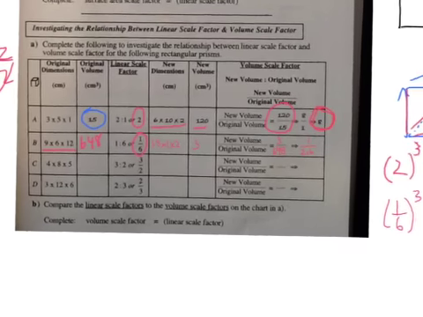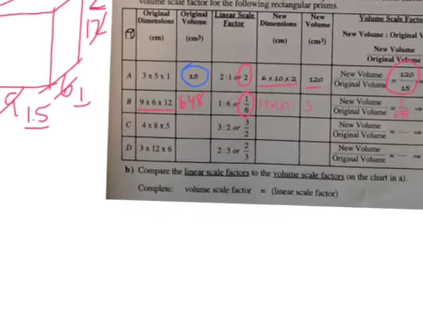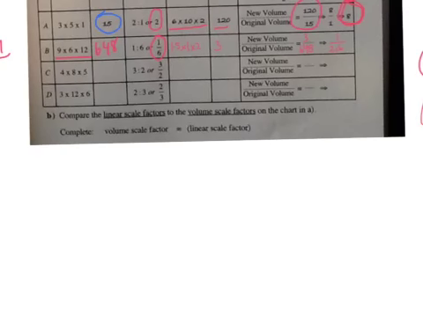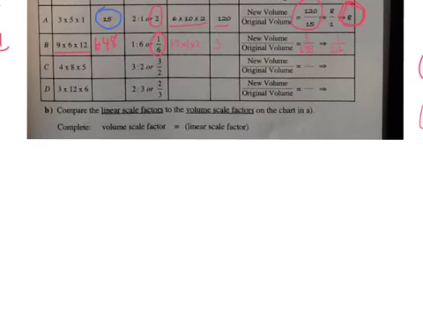Okay, let's zoom back in for the next one. You've got a 4 by 8 by 5 prism. If you multiply that all together, you should get 160.